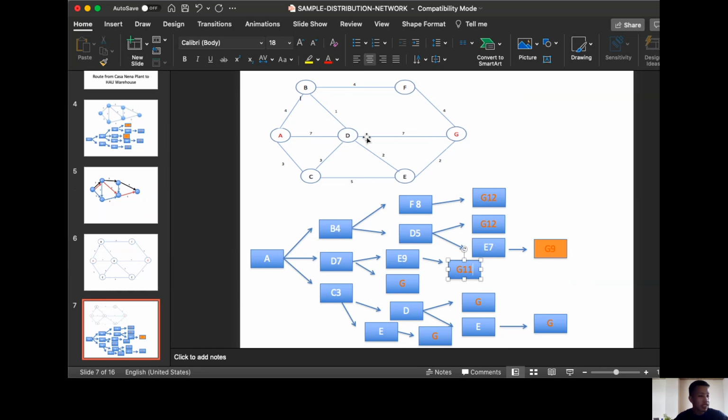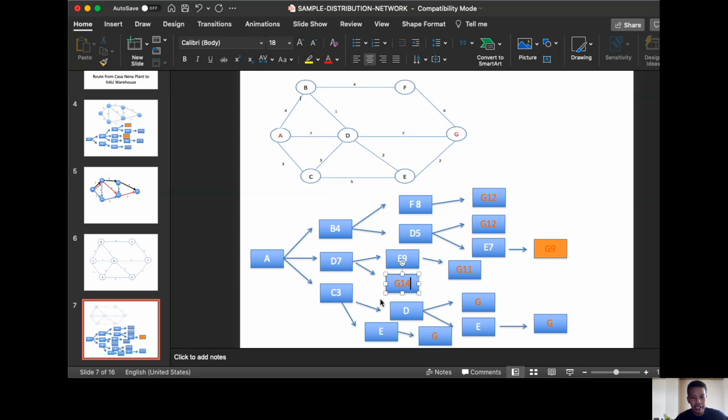And then D7, go to G, that's D7 plus 7, this is G14. Sorry, I got stuck. Anyway, I think we have explored all routes from D.